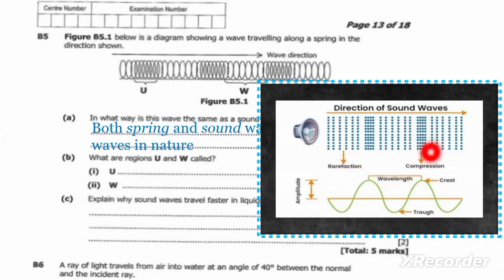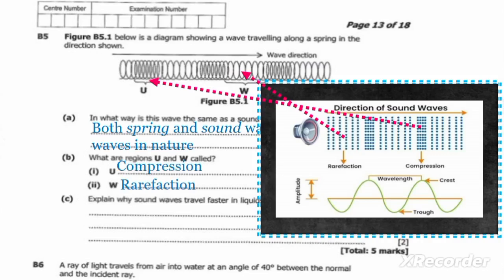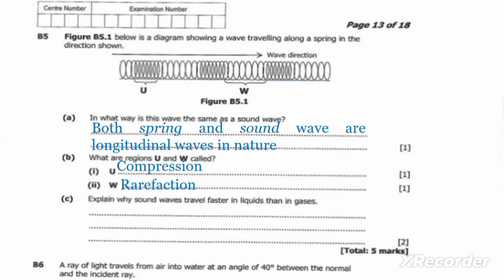The compressed region is called the compression. The stretched one is called the rarefaction. So this is the rarefaction, and this is the compression. So U is compression, then W is rarefaction.